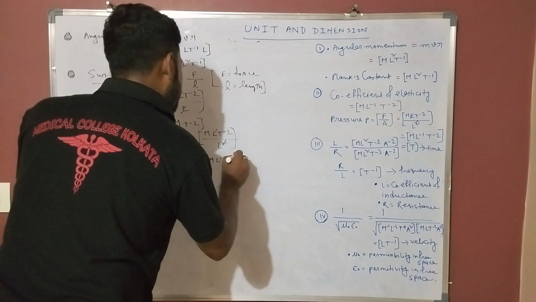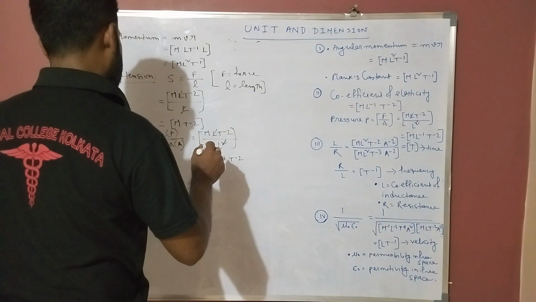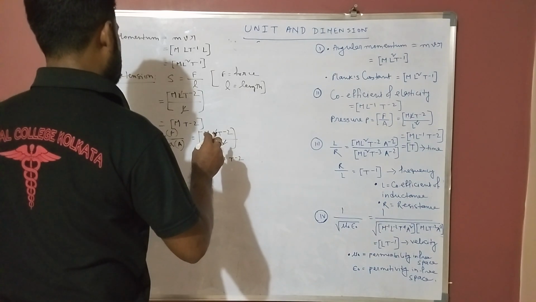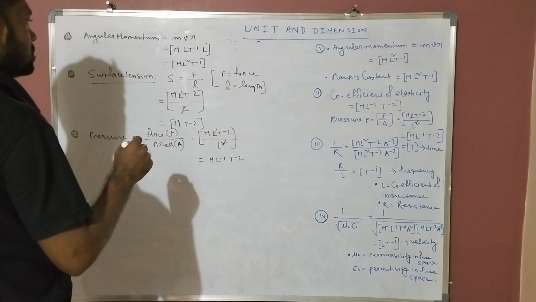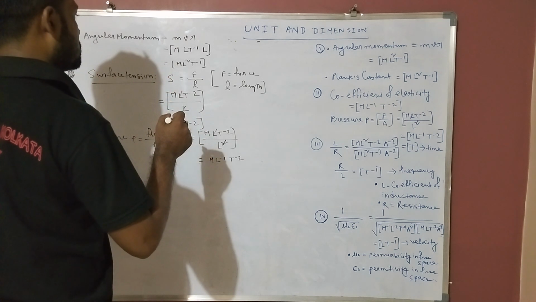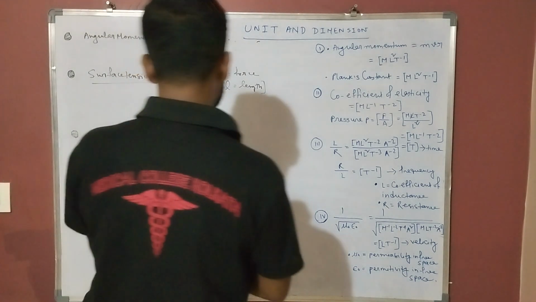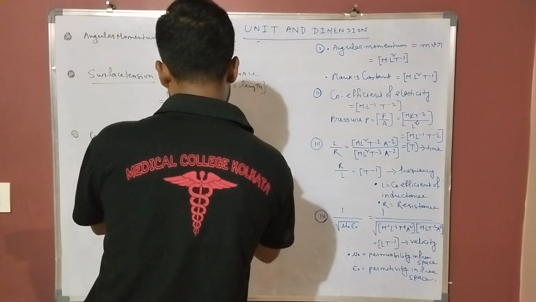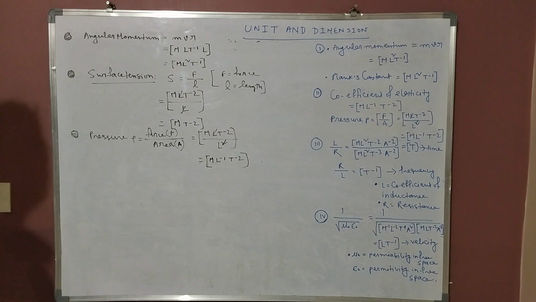So this is the dimension of pressure: m L to the power minus 1, t to the power minus 2. Understood?